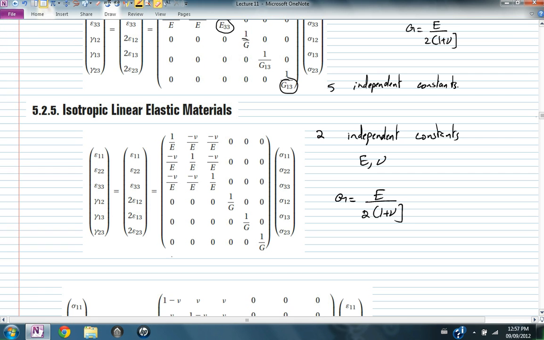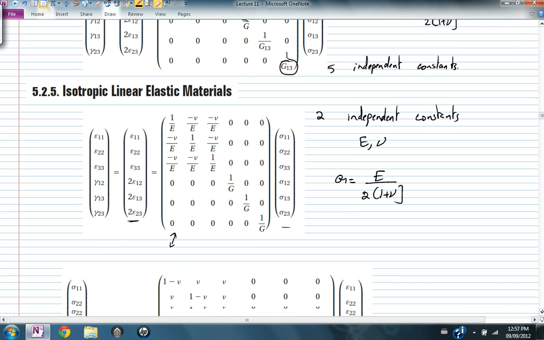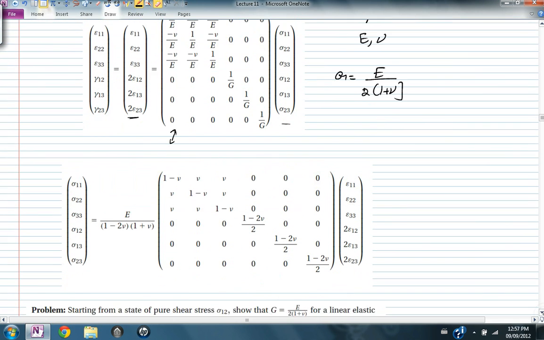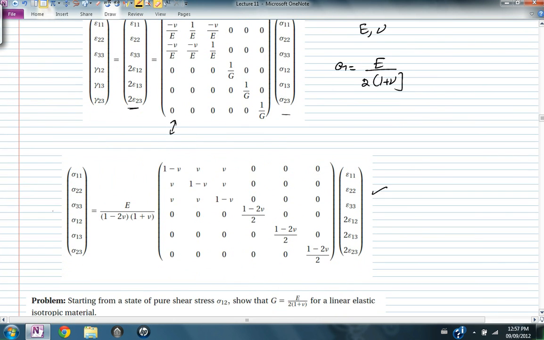And the relationship between the strain and the stress is given by this matrix. If you invert this matrix, sometimes I know the strain and I want the stress, or I know the stress and I need the strain, and this is the inverse. Given the strain, I can find the stress. Here, given the stress, I can find the strain.